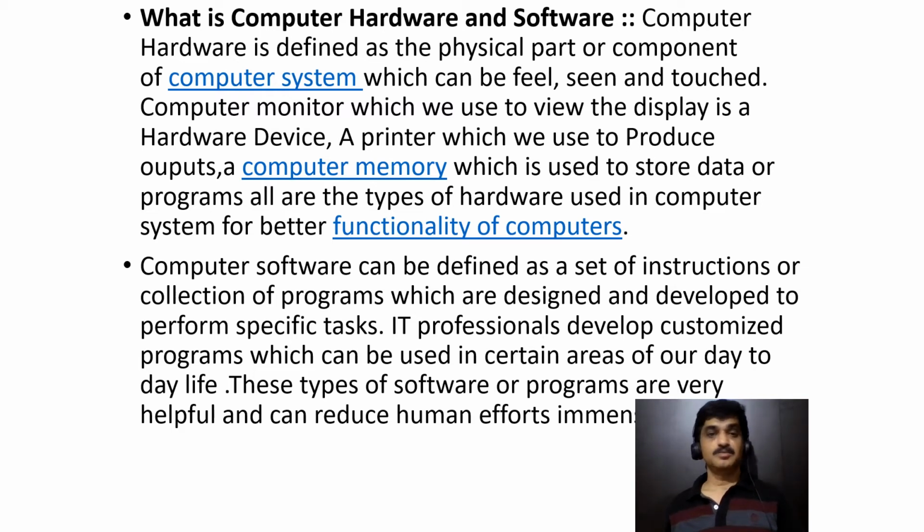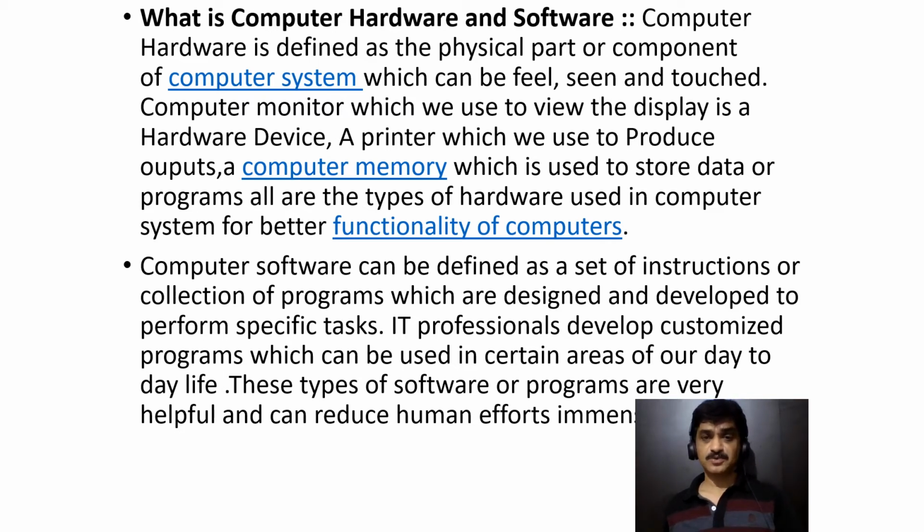If you see the computer software, it is a set of programs or instructions designed and developed to perform specific tasks. IT professionals who are specialists develop customized programs which can be used in certain areas of our day-to-day life. These types of software programs are very helpful and can reduce human effort immensely. I hope you understood. Computer hardware is the physical component.